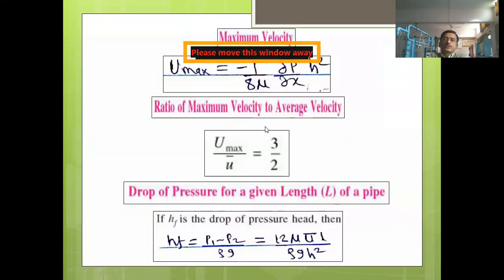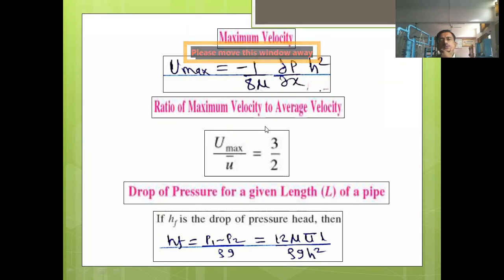Open your back pages and see what the equation for u max is. Can anyone remember? Have you written it? Okay, write down this equation. U max is equal to minus 1 upon 8 mu del P upon del x into h square.